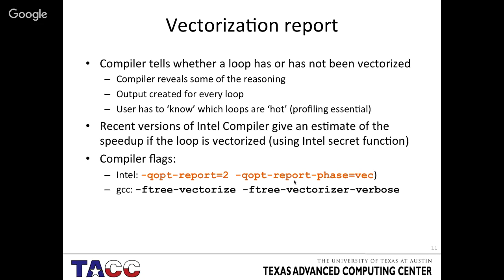Otherwise, how would you find out if it's vectorizable? One way to do it is to turn off vectorization and then turn it on and see what the speed difference is. You can turn vectorization off on the compilers, and that's a good way to find out how well your code in general is doing in terms of vectorization.